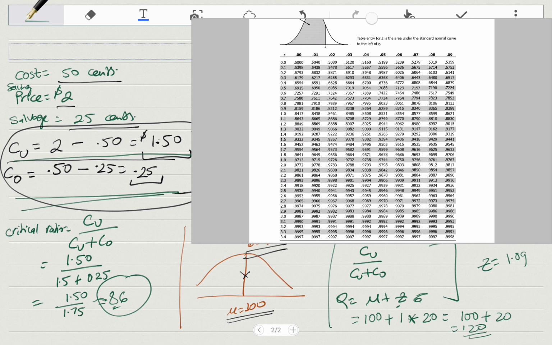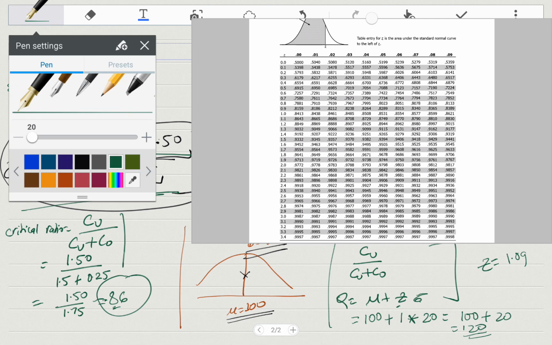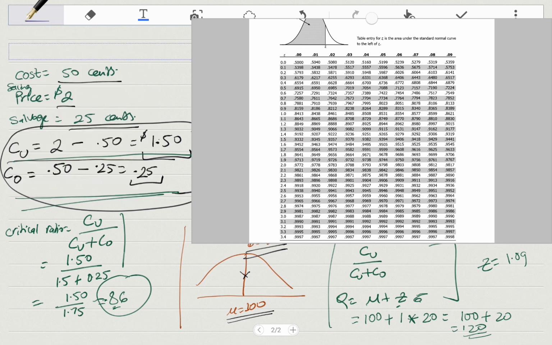Now, just for the sake of argument, suppose this was flipped. Suppose your CU was 25 cents and your CO was $1.50. So it would be 25 cents divided by 25 cents plus $1.50, which is 25 cents divided by $1.75, about 0.14. How would this change the answer?